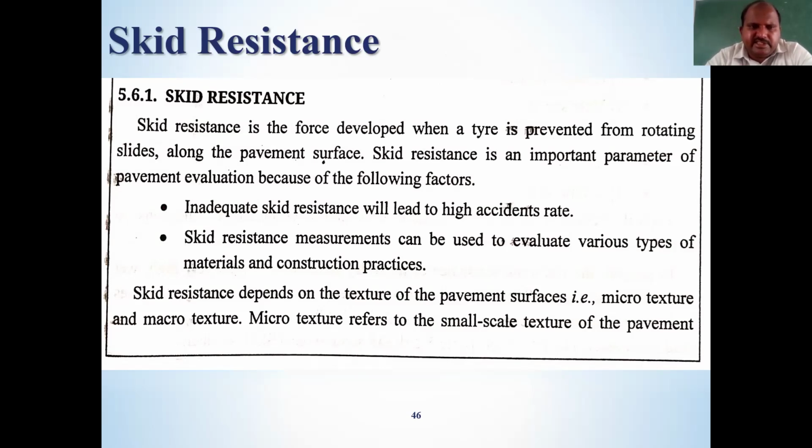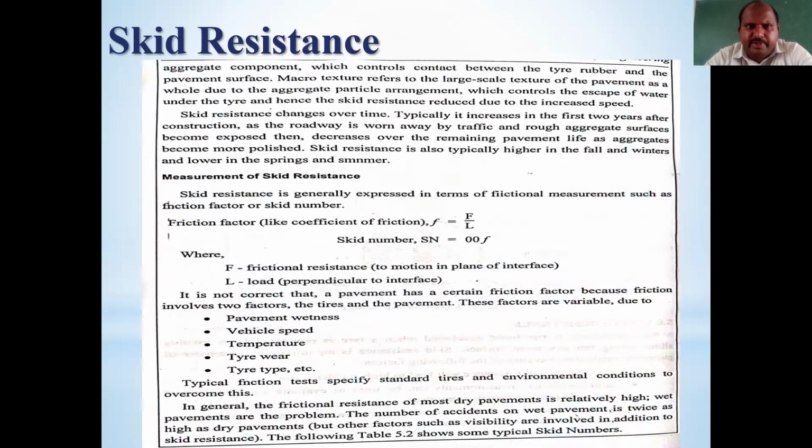The skid resistance depends on the texture of the pavement surfaces, for example, micro texture and also macro texture. Micro texture refers to the small scale texture of the pavement. In that, we are using the aggregate component which controls the contact between the tire rubber and the pavement surface.